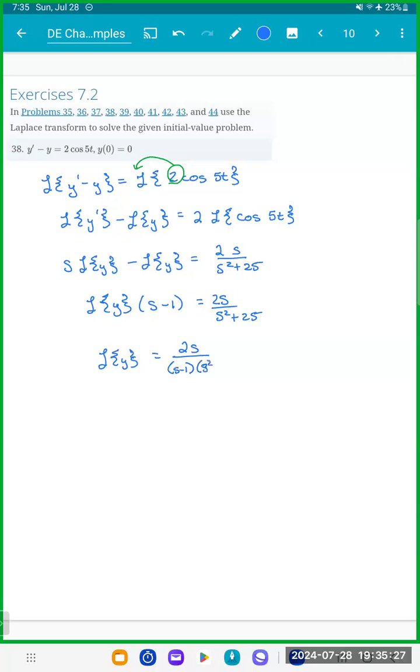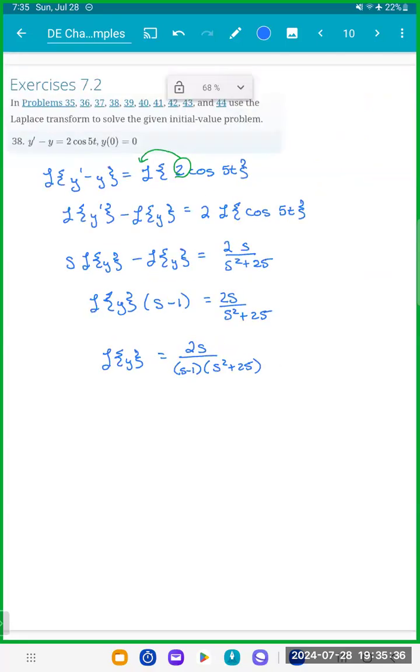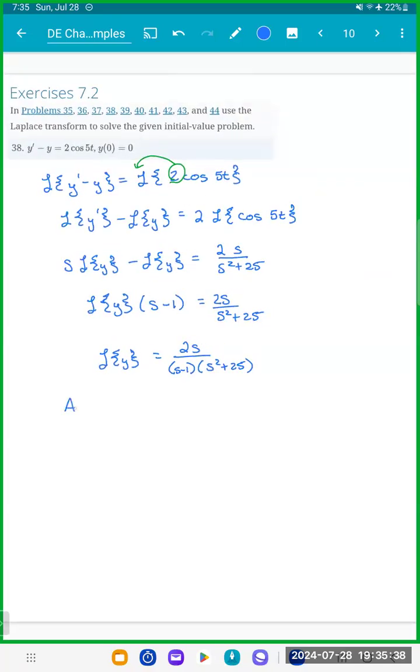Clean that up a little. s squared plus 25. Okay, so we can set that in a similar form where we would have, when we're looking at the partials, a over s minus 1 plus bs plus c over s squared plus 25.